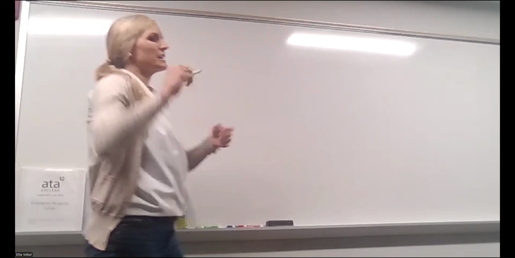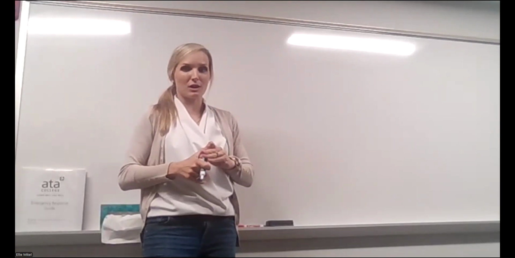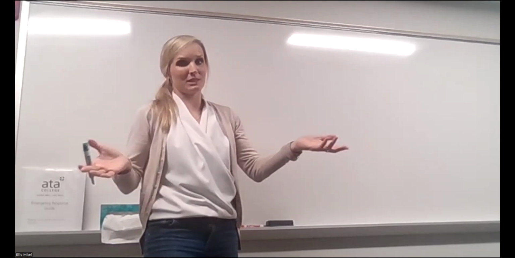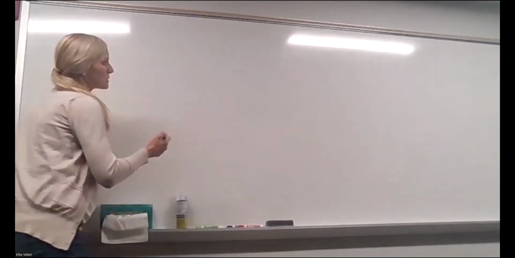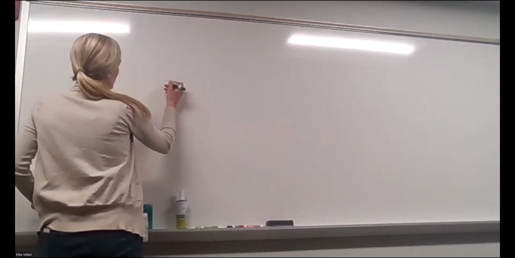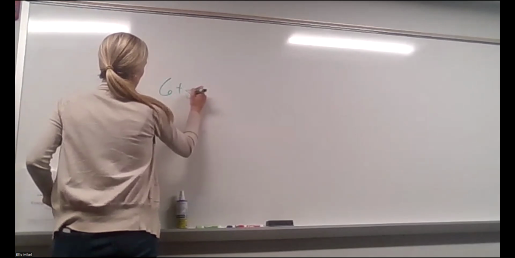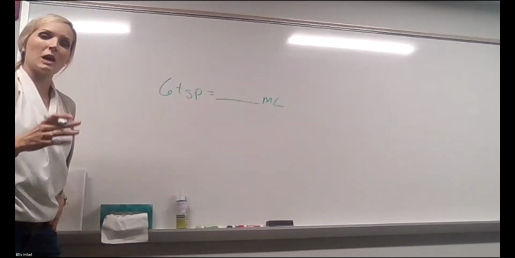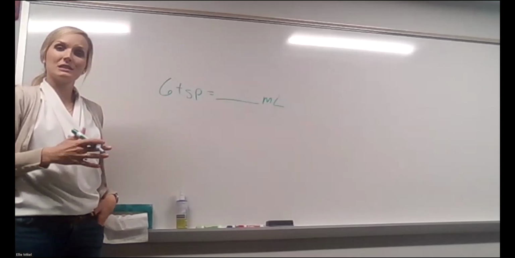Because again, when we're asked to convert things, we want to make sure that we know that. If we don't know those equivalents, then it's hard to convert. So again, with those, there are a couple different methods for those household measurements. If I say I have 6 teaspoons and I want to know what that is in milliliters. There's a couple different ways that we may have learned this.